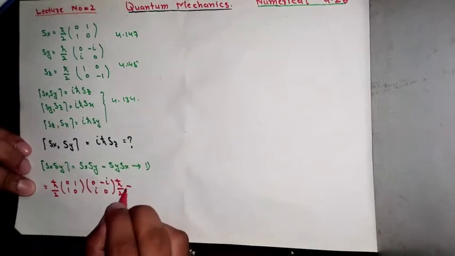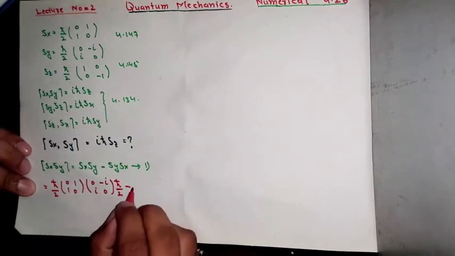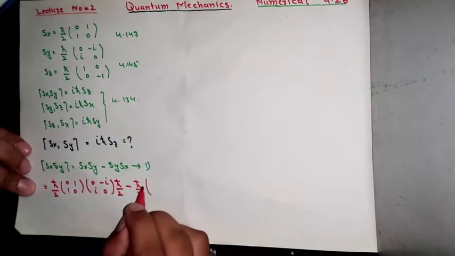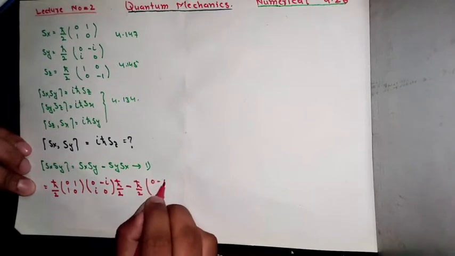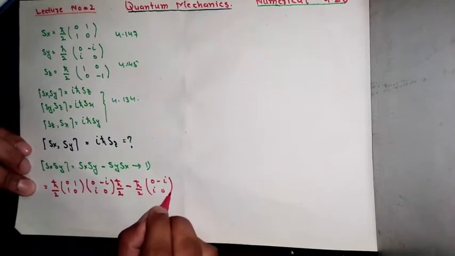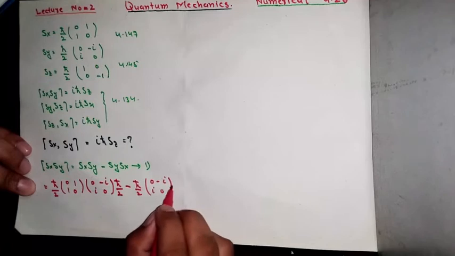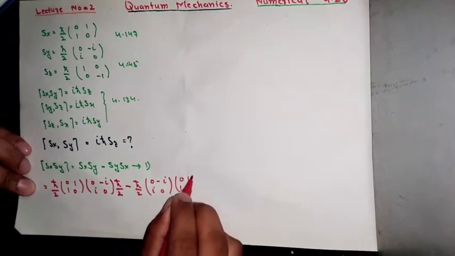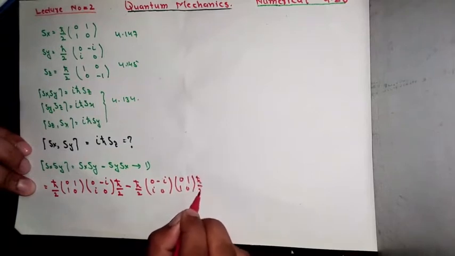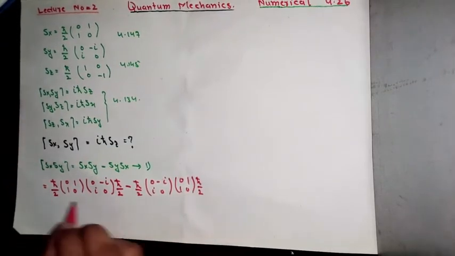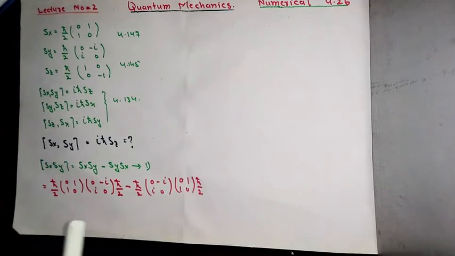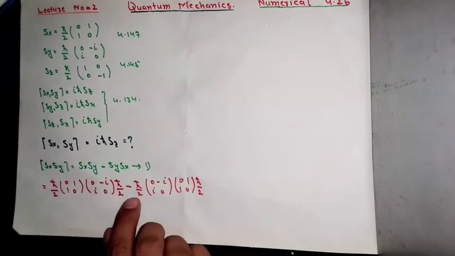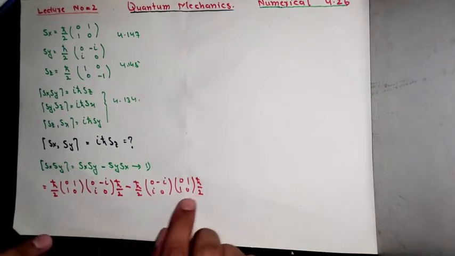Now Sy is equal to h bar divided by 2 times [0 minus i; i 0], and Sx is the same, [0 1; 1 0], and h bar over 2. So h bar over 2 and h bar over 2, if we multiply this, we get h bar square over 4, and similarly minus h bar square over 4.